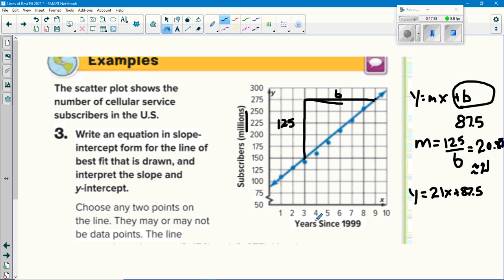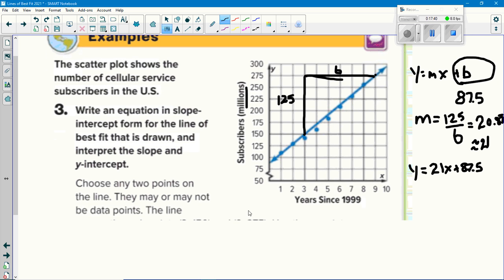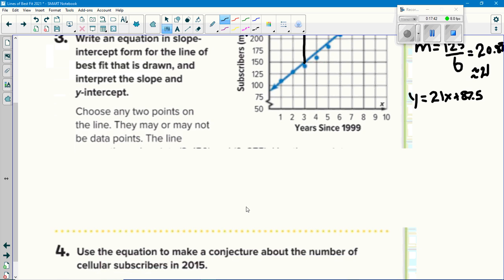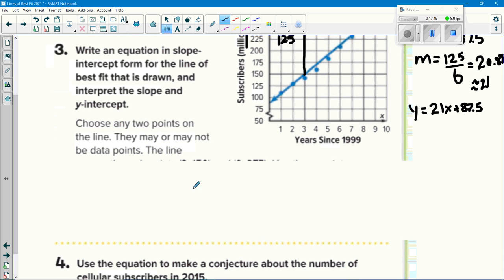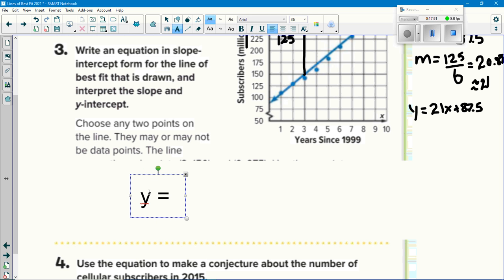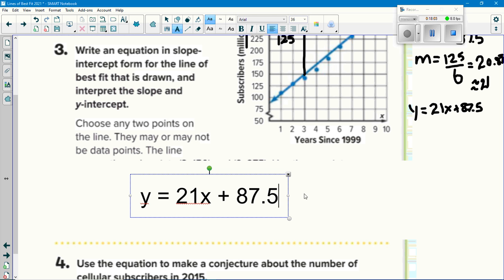So there, you've written the equation. Let's type that out to make it easier for you guys to see. Y equals about 21 million times x plus 87.5, because that's what they started at in 1999.